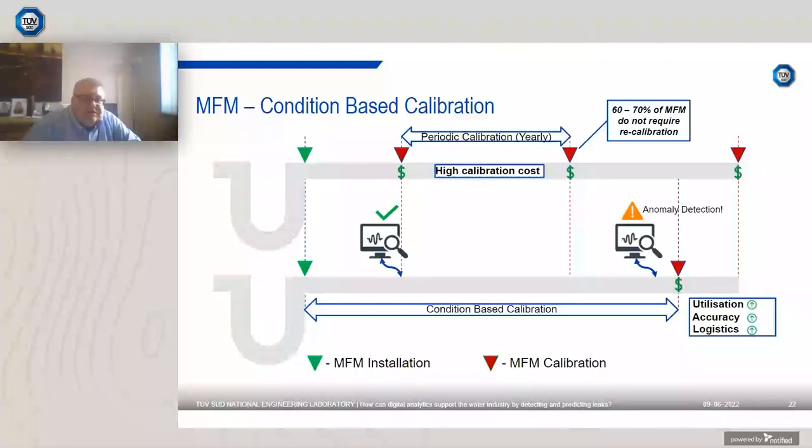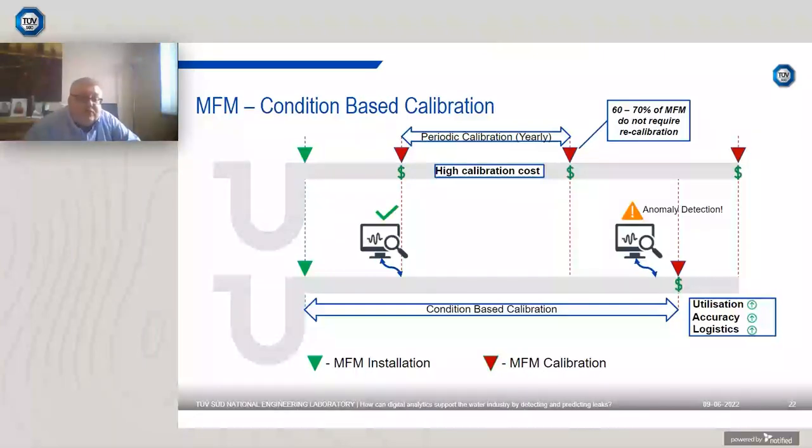We know that Coriolis meters are one of the new modern flow meters that generate vast quantities of diagnostic data. And by getting access to this data and using data analytics and machine learning techniques, we can then use this data to assess the performance and health of the flow meter and the health of the system.